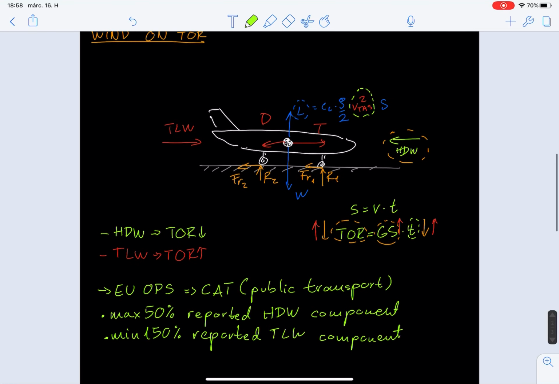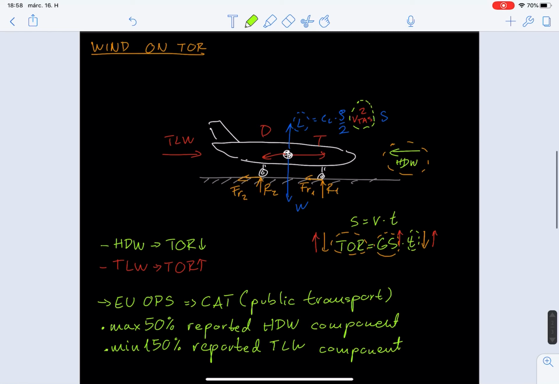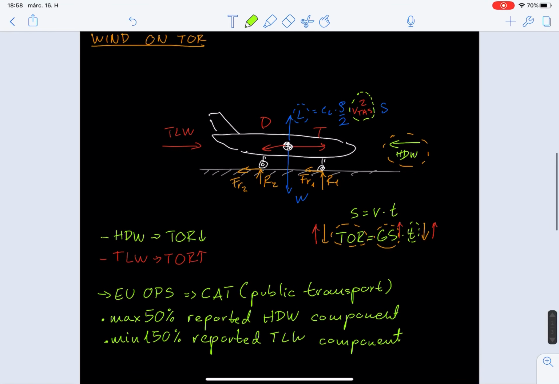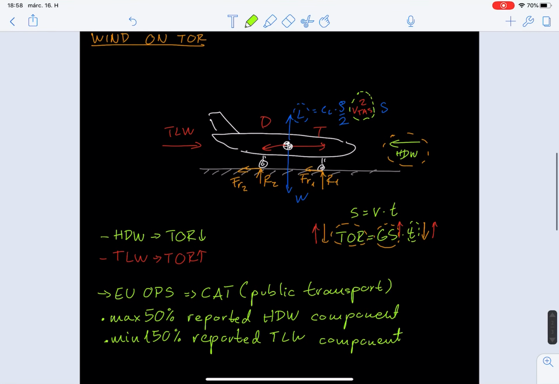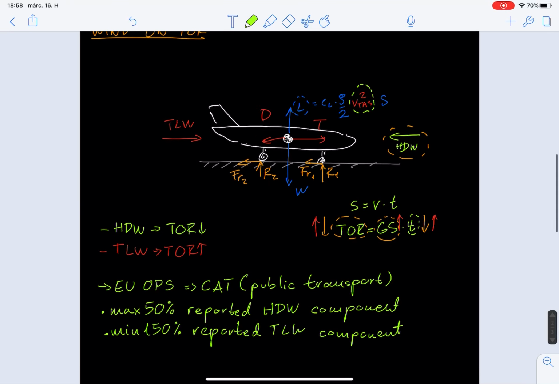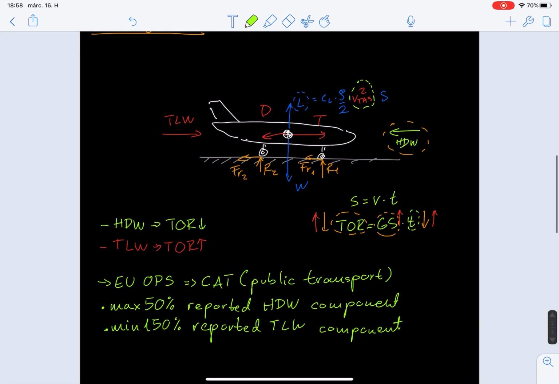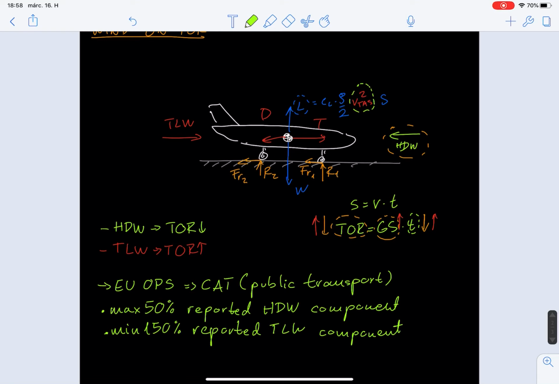So if you've done your calculation with the reported headwind component, so in this example, 10 knot, and you can barely make the takeoff run, so you marginalize the situation, and in reality, let's say you have an 8 knot headwind component. In reality, what it means is that your takeoff run is going to increase compared to the 10 knot headwind situation, and therefore you will not be able to make the takeoff run, right?